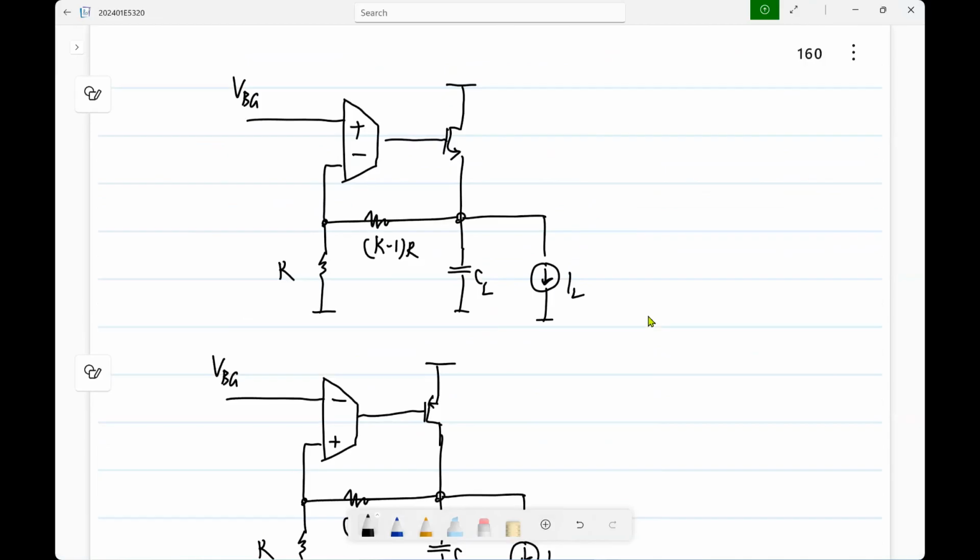So what are the pluses and minuses of the two circuits? What might be the advantage of the upper circuit? So one thing is that even in open loop, this is a source follower, right?